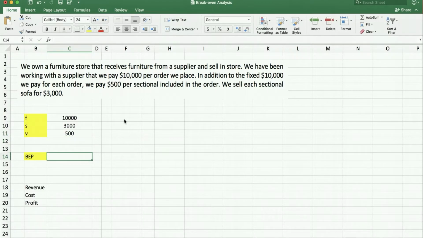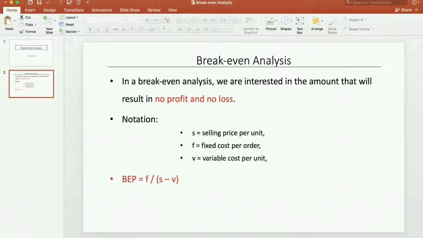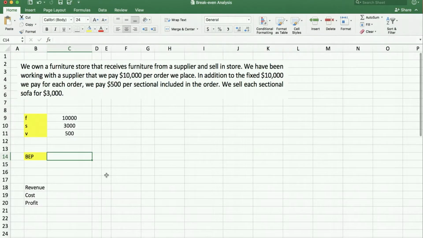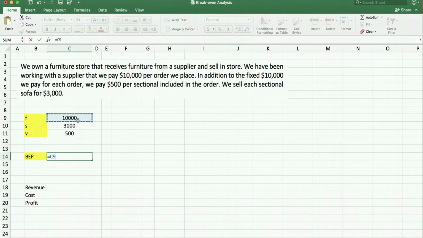So now I'm ready to go ahead and calculate the break-even point. If we go back to our slides, this is our formula, F divided by S minus V. So we are going to go ahead and put this in our Excel function. So F is 10,000, which is in cell C9, divided by, in parentheses, which are very important, S minus V. Okay, so you need to make sure that you put parentheses in the denominator, because if you don't put the parentheses, then your calculation will be incorrect.